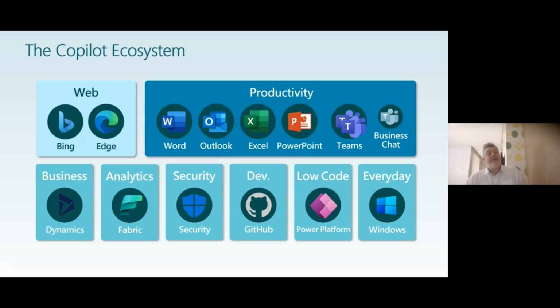Whether it's Dynamics, Fabric, the soon to be released security offering, Copilot for GitHub, Copilot embedded in Power Platform, or Copilot embedded in Windows, which I think is still in preview, but I've got it on my laptop, these can be quite useful. Obviously, today we're going to focus on the top right-hand corner, the Microsoft 365 Copilot.